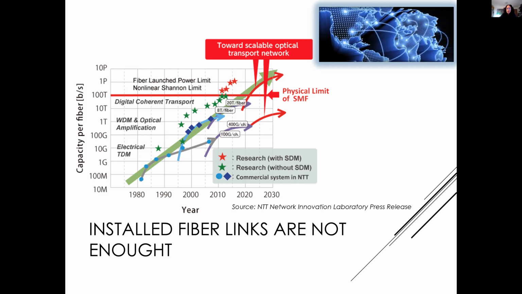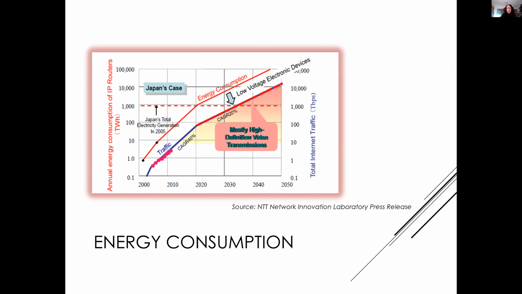The first option is to say, okay, you can just install more fiber. This is basically a solution, but it is not the solution, because you have to consider the fact that internet traffic, especially the optical communication system, requires a lot of energy, and the energy consumption is increasing basically linearly with the total internet traffic.